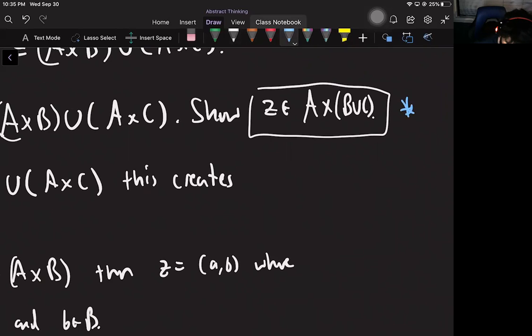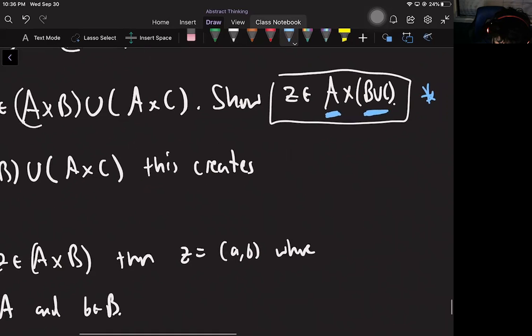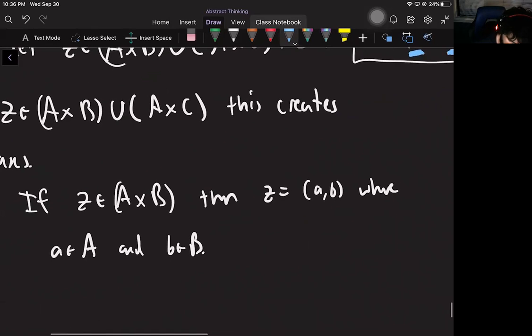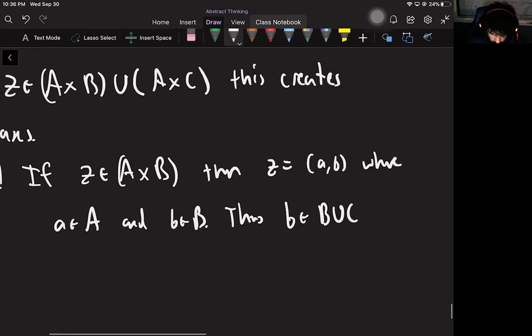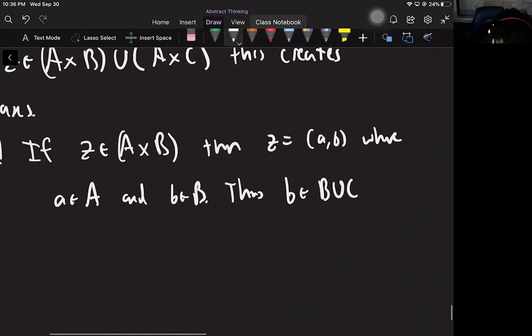Well, I already have a living in A, so now I need b living in B union C to make it work, but b already lives in B, and that's enough to live in the union. So thus, b lives in B union C automatically, just by virtue of living in one of them, it lives in the union.